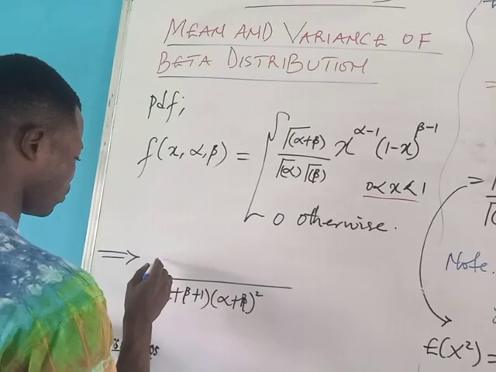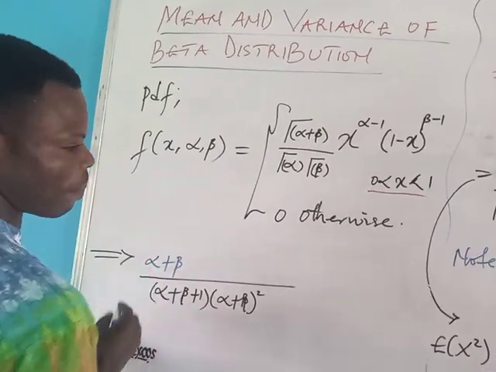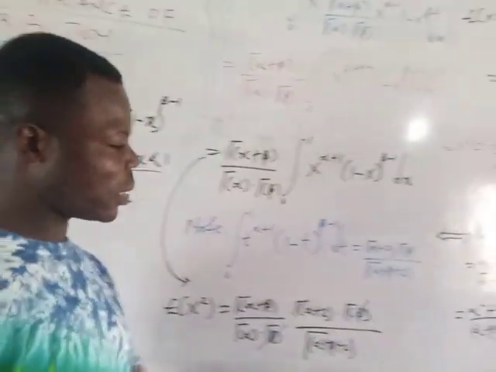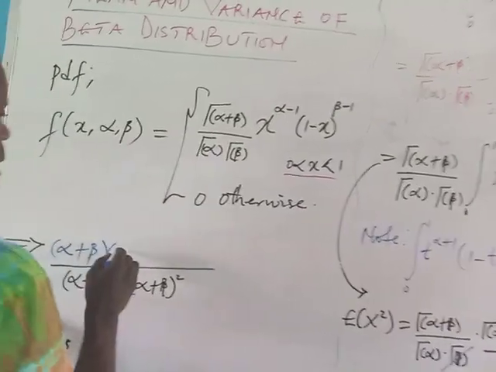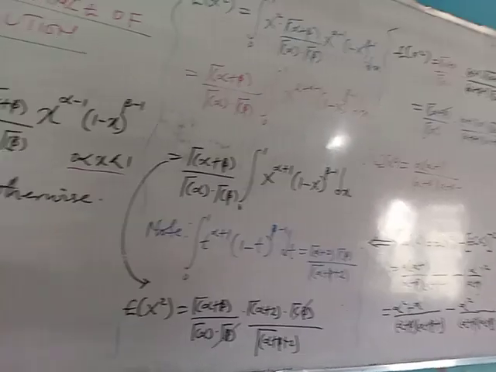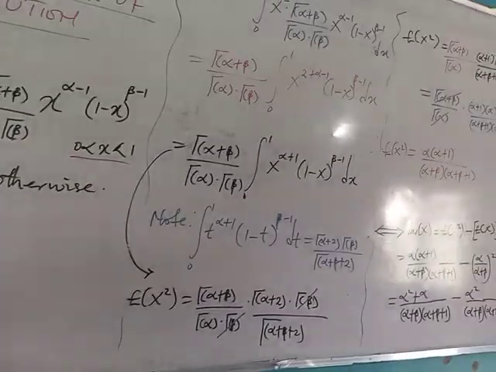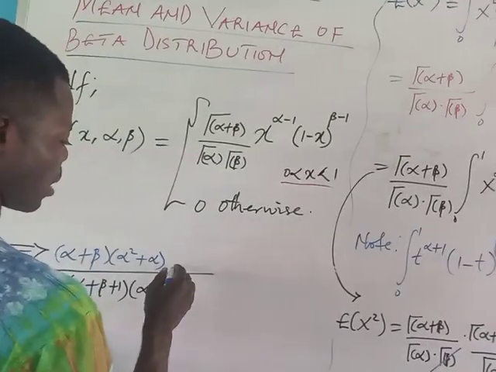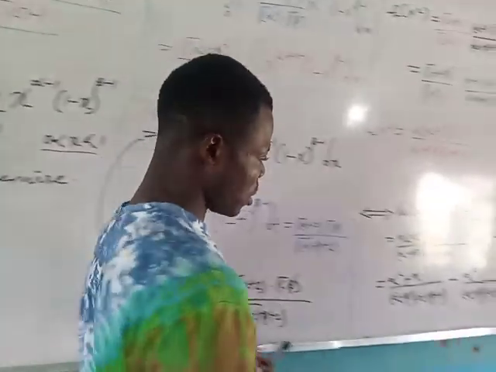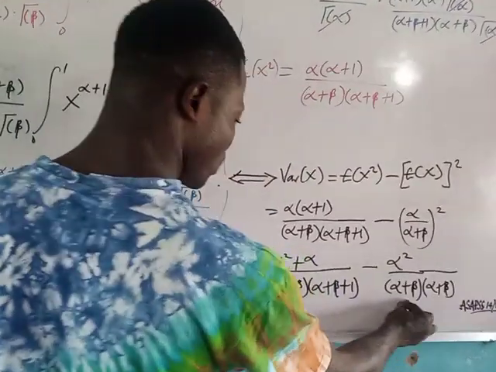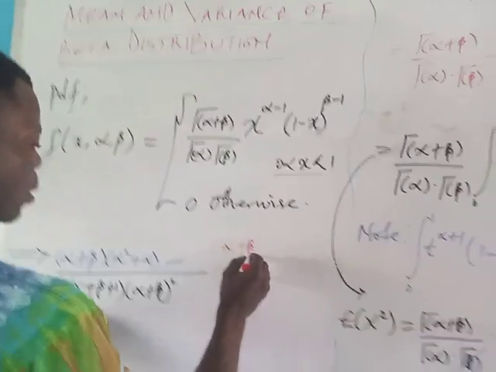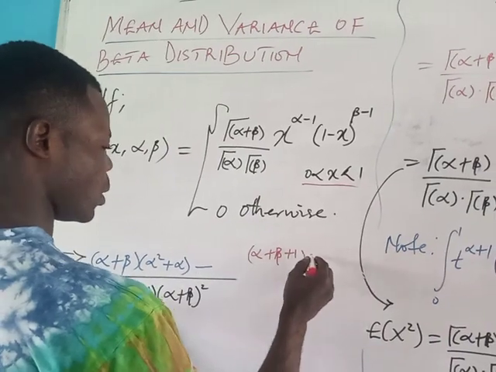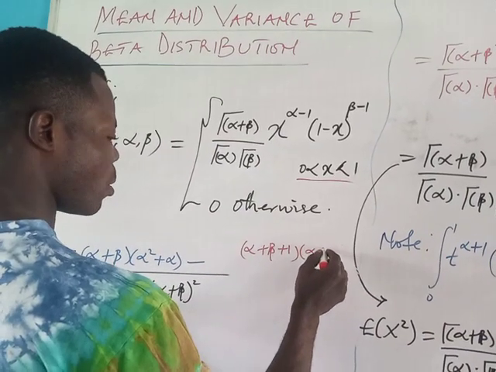So we are using it to multiply what is here, which is alpha square plus alpha.